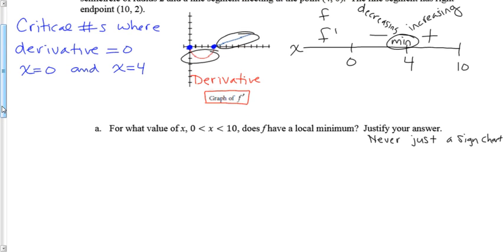First we need to answer the question: does f have a local minimum?